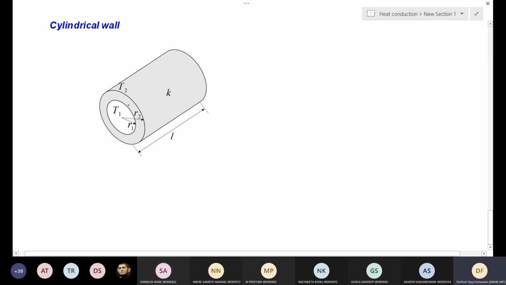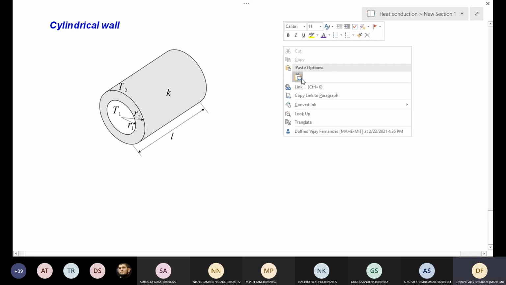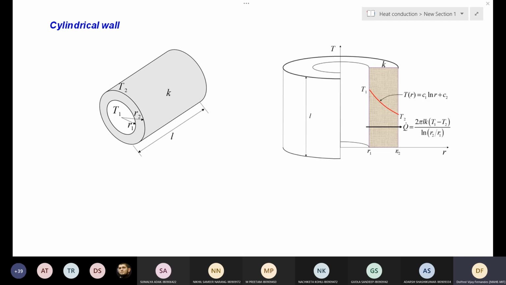So consider an application like that. We have a cylindrical pipe with a hot fluid flowing through it, and the outside temperature is T2. What is the heat loss from the wall to the outside environment? We have to estimate the rate of heat transfer in the cylindrical wall. For details, I'll show you another figure here.